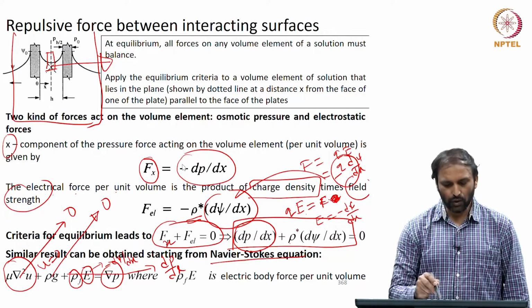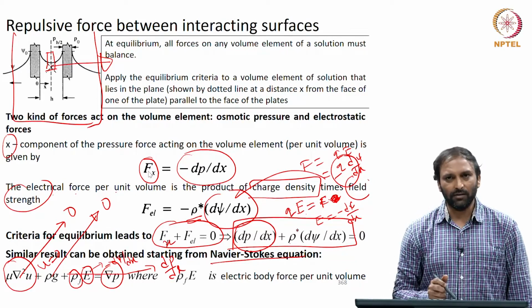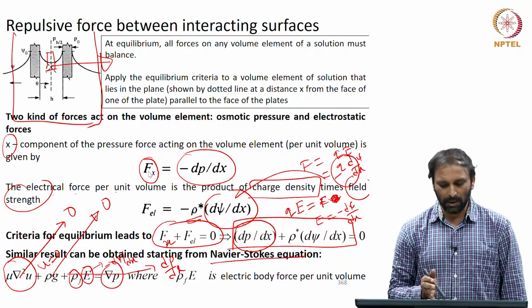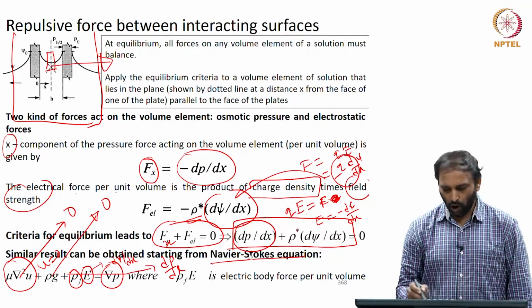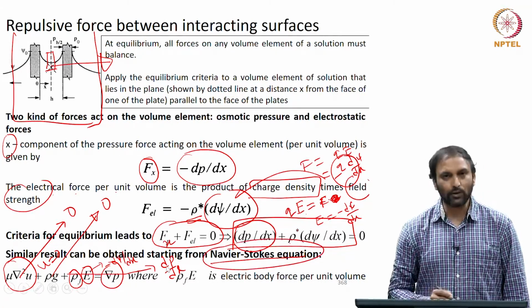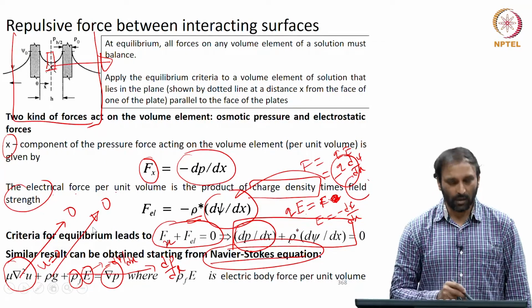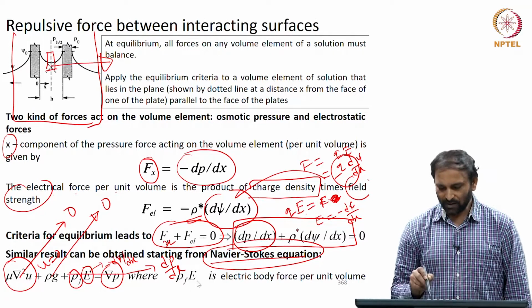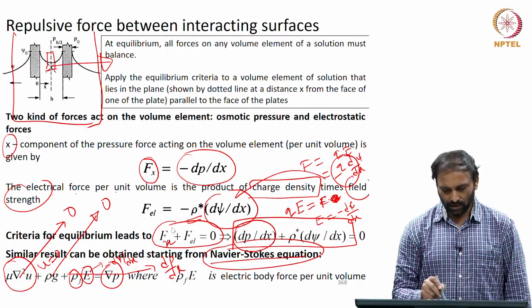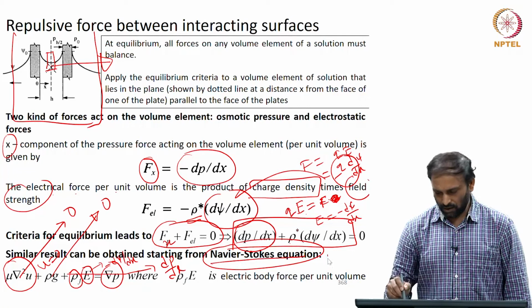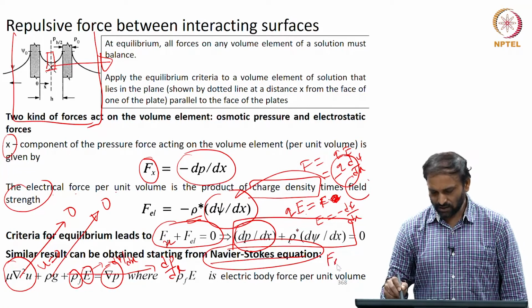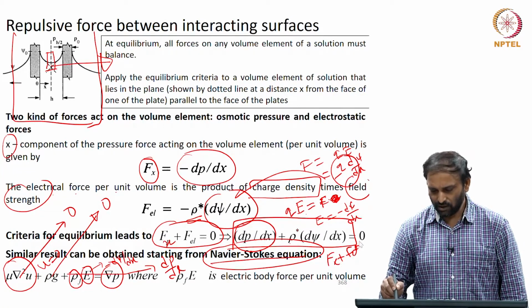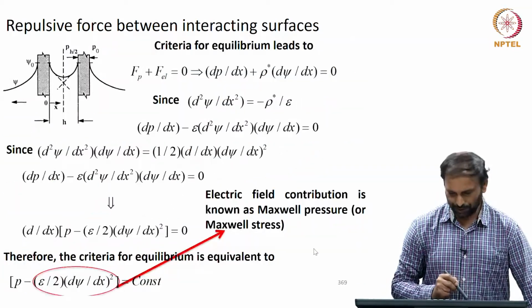Okay. So, whether you identify the different forces acting on the volume element and then do a force balance, or you start with the Navier-Stokes equation and then neglect the terms that are not relevant, you end up with the same expression: f x plus f E L is equal to 0.